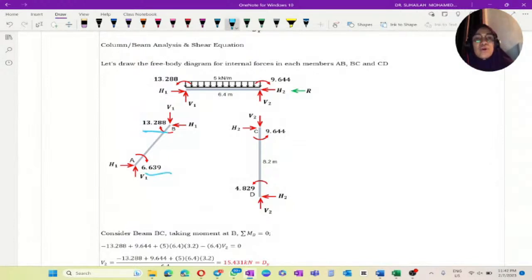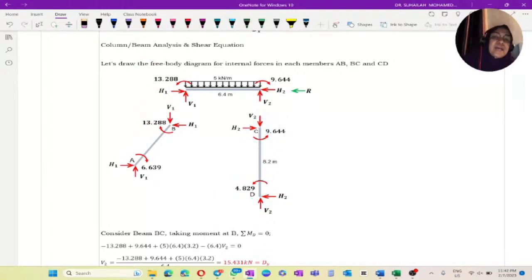So this is the moment that we get from table. So we have to draw element by element. So for element CD, we have to draw the column CD. So for column CD we have 2N, and at C we have this as the moment that we get from table, and this is the moment that we get from table as well.